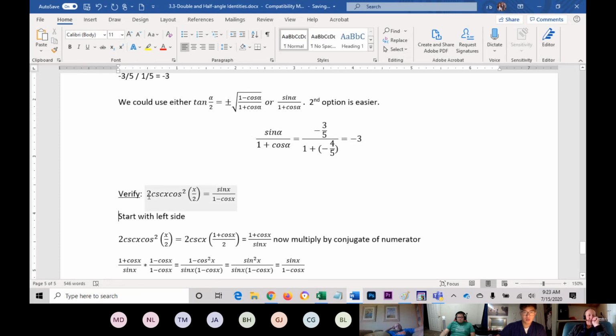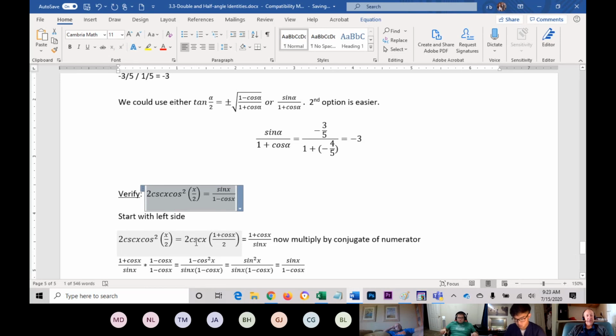Okay, we want to verify 2 times the cosecant of x times the cosine squared of x over 2 equals the sine of x over 1 minus the cosine of x. So we're going to start with the left side because it's more complicated.